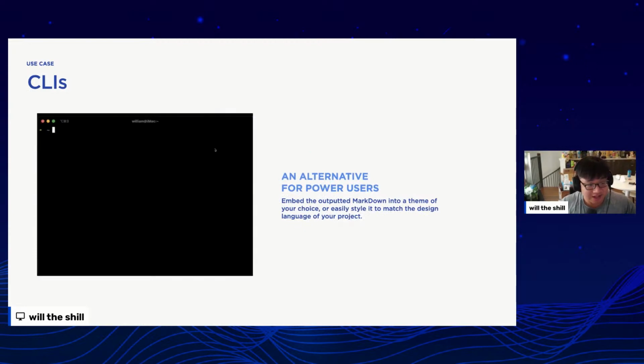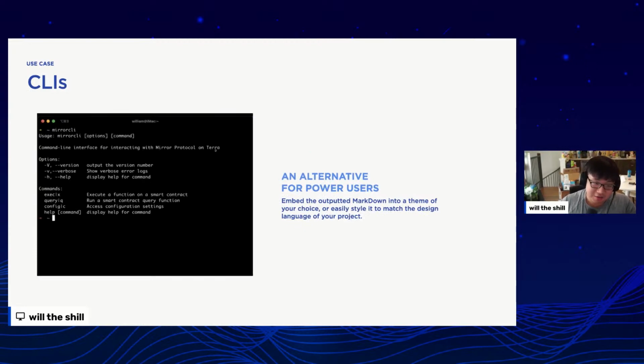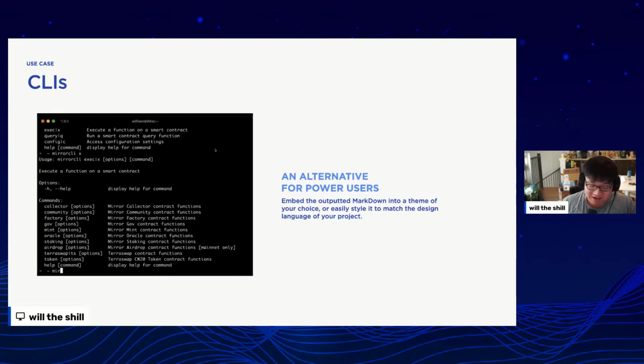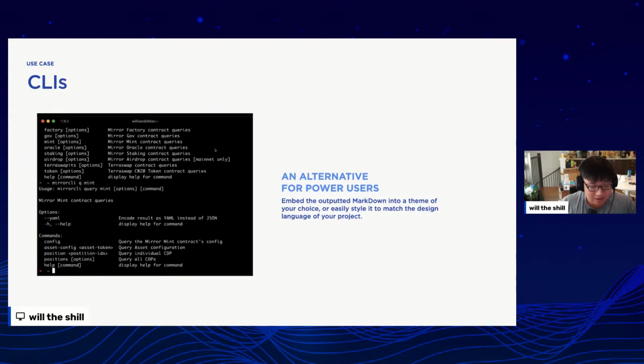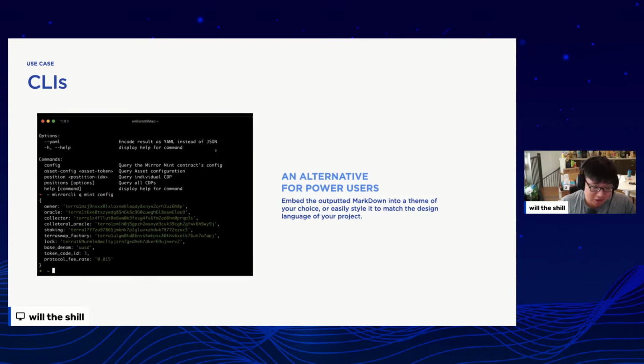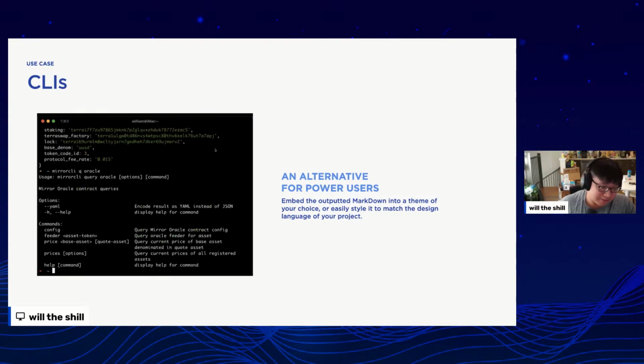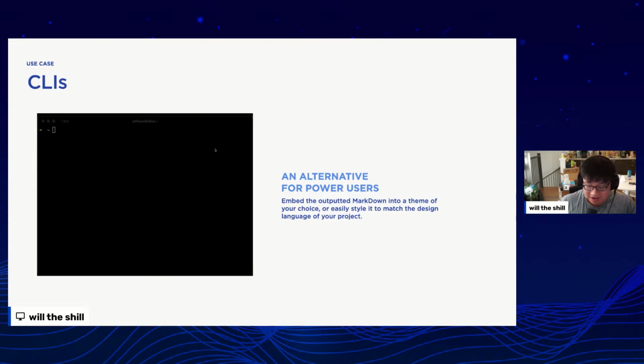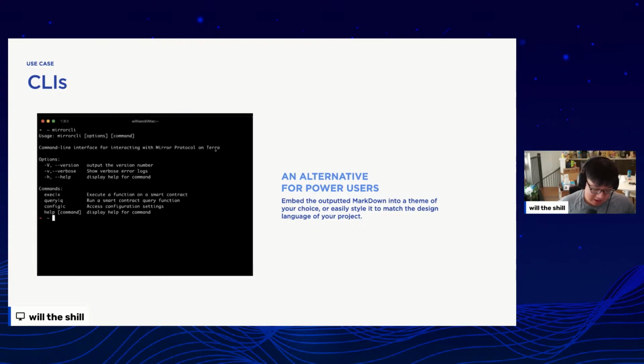Third, let's talk about CLIs. So we can generate CLIs with the same information used to generate the SDK and documentation. As you can see, Mirror, for example, is just a collection of smart contracts, and each smart contract has a format. And it's just another step from the SDK to a CLI, if you think about it.